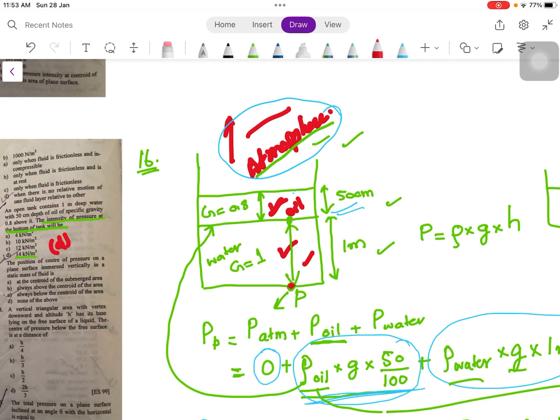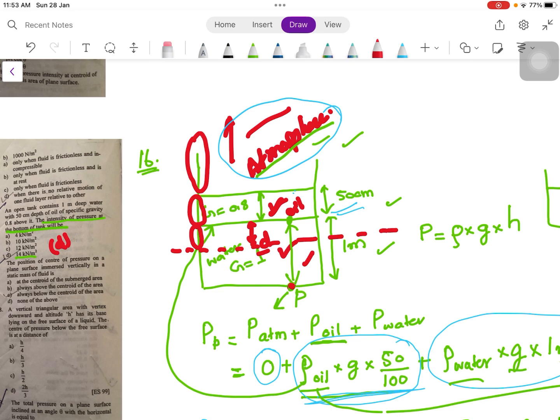We could have found the pressure intensity at any other point, say this point D. Then in that case, we must consider the depth up to this point, and the pressure at D would have been equal to the pressure due to the layer of water, due to the layer of oil, and then due to the layer of atmosphere.